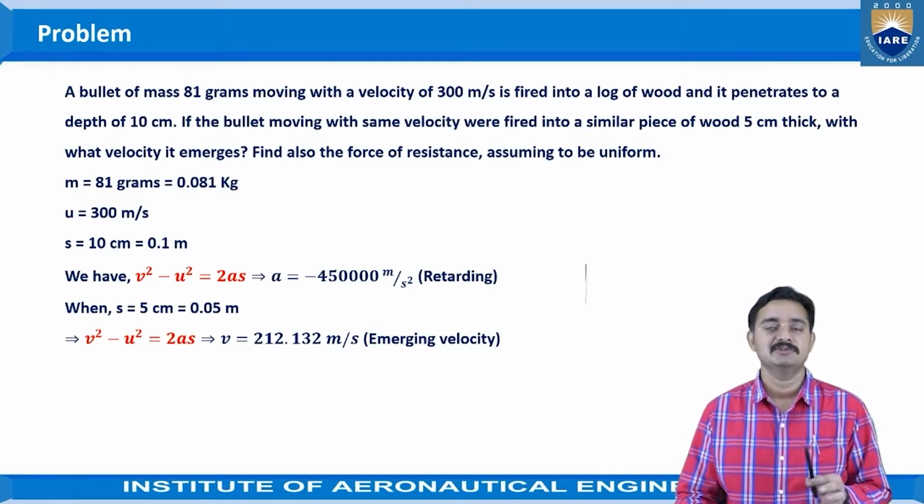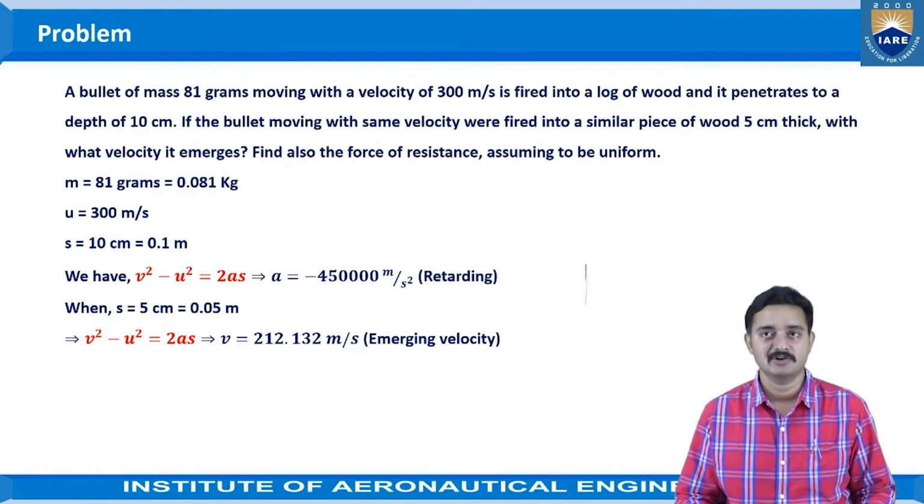When you substitute this, you will get the emerging velocity as 212.132 meters per second.